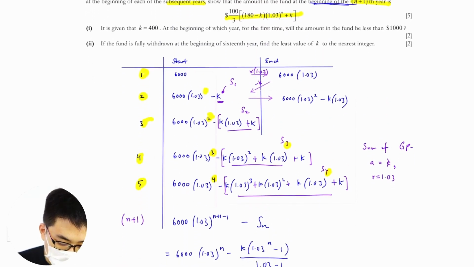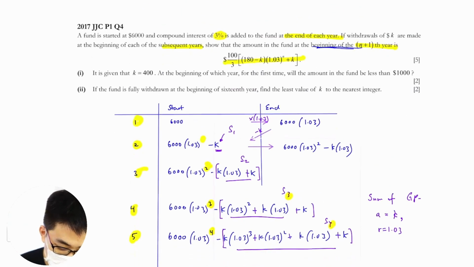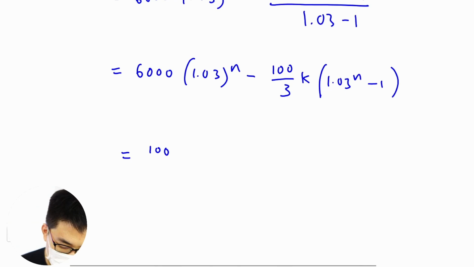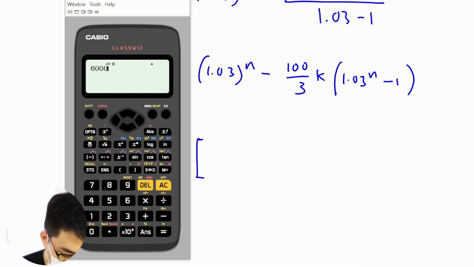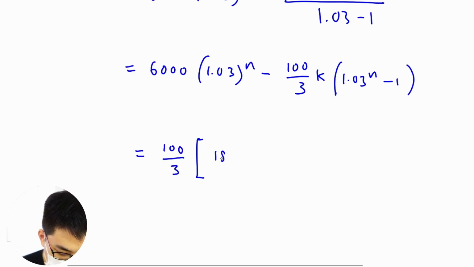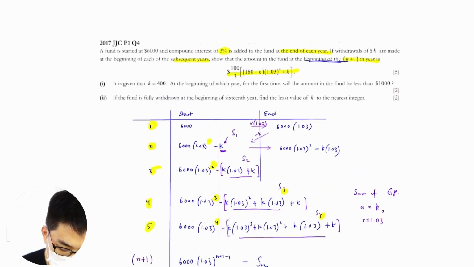Oh, they want us to factorize the 100 over 3 out. Quite funny, but okay. So I factorize it out.